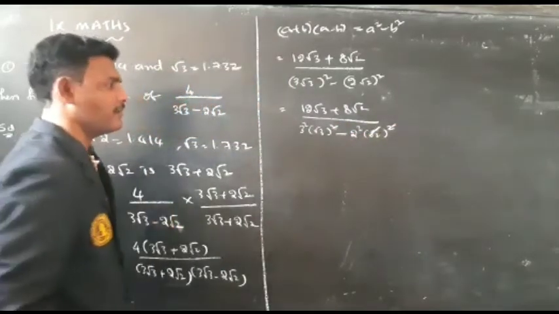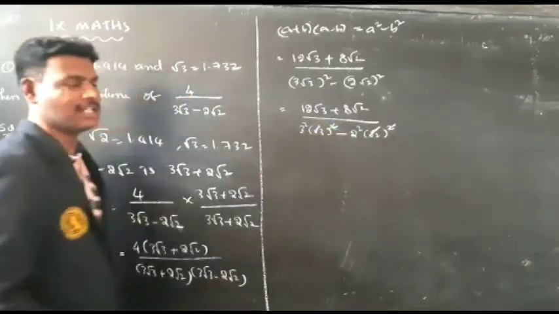Square root gets cancelled. Here also square roots get cancelled.